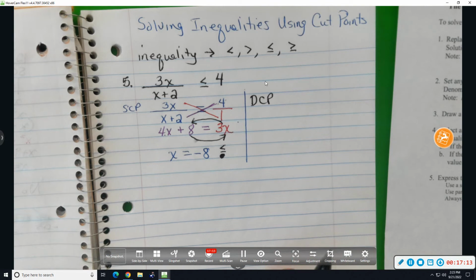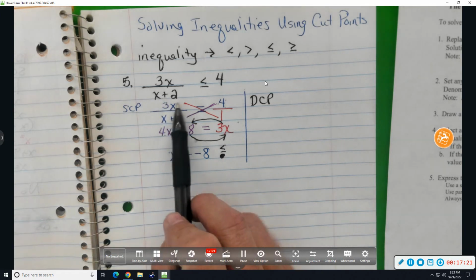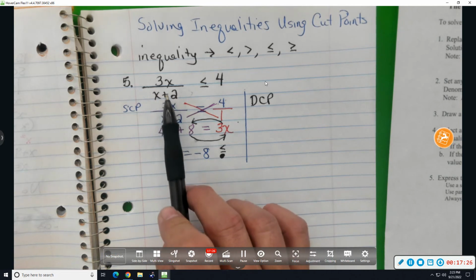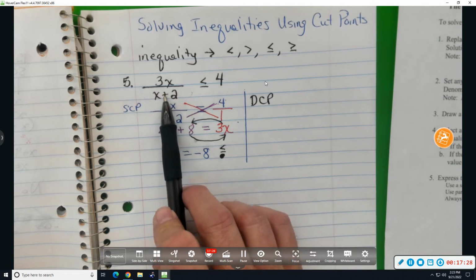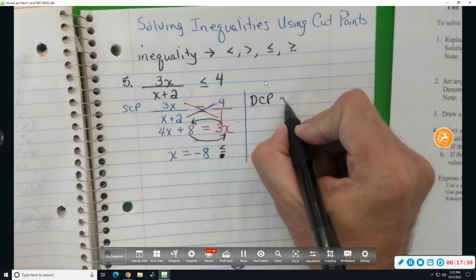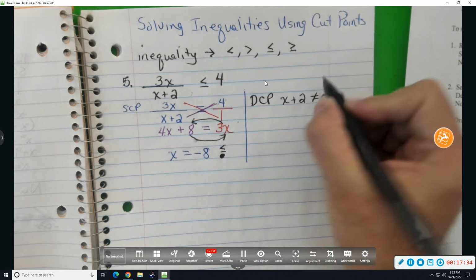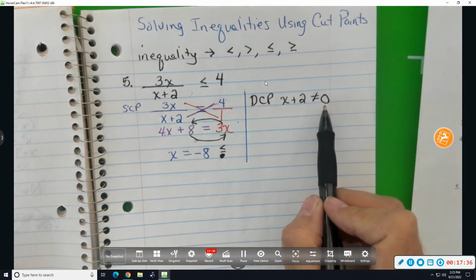Do I remember a week ago during that horrible long assignment over rational and radical equations? We were looking at fractions and we were saying, what number would make this denominator 0? You can never have a 0 in the bottom of a fraction. And that's what we would do. We'd say the denominator can't be 0.